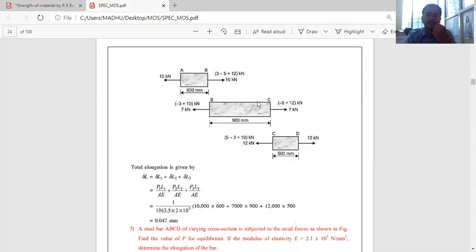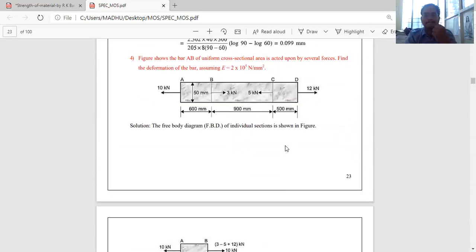Both are tensile, and the final one is also tensile. So how is it tensile? 12 in outward direction, and this is 5. 12 plus 3, 15, and this is 15.